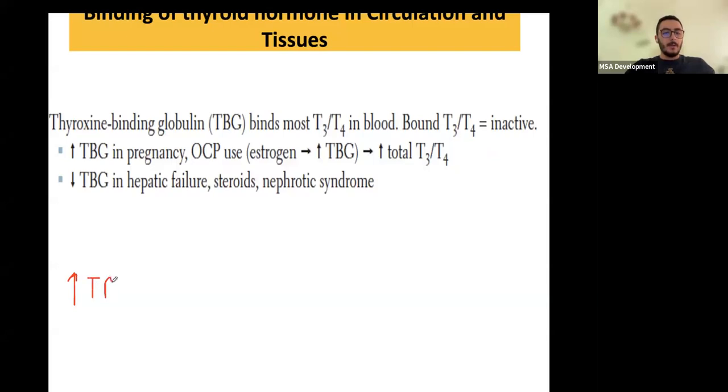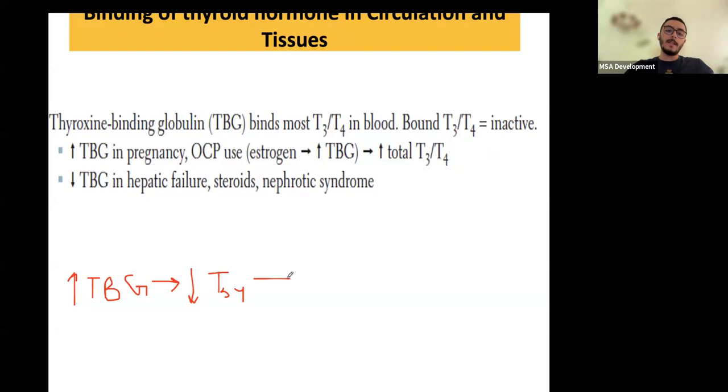If we have an increase in TBG, this means we will have more TBG bound, more T3, T4 bound, so less active T3, T4, yeah?